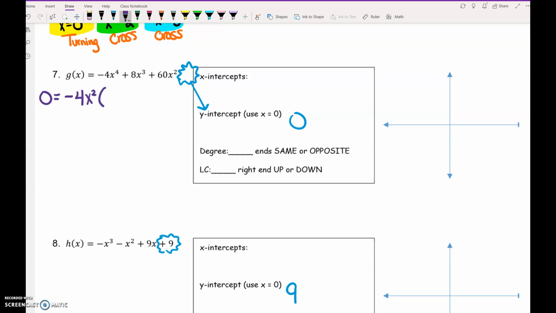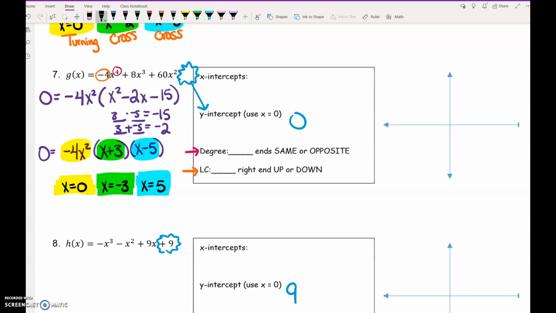That will leave us with x squared minus 2x minus 15. Okay, pause the video. Try finishing factoring this one on your own. Your x-intercepts should be -3 is the smallest one, 0, and 5.